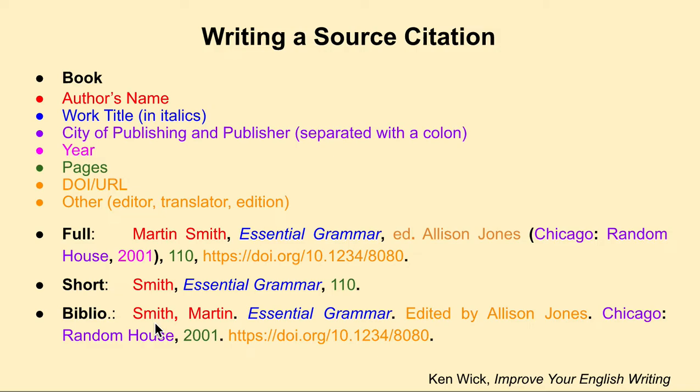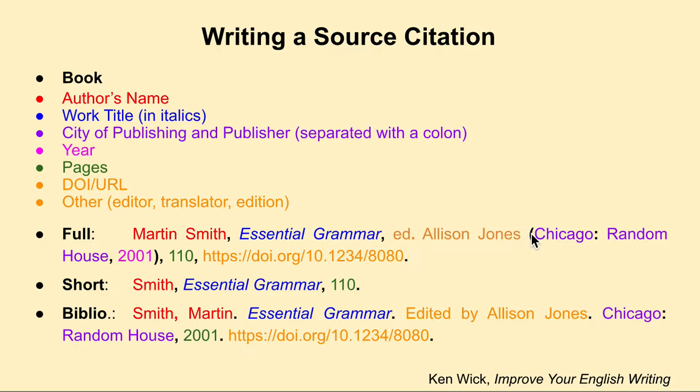And the other big difference is that instead of first name first, the first name comes last, because in a bibliography you order everything by author's last name. So in a bibliography it's Smith, comma, Martin, then period, not comma, Essential Grammar, period, edited by Allison Jones. Well, here you did an abbreviation. Here you actually spell it out, edited by. If this was translator, it's translated by.